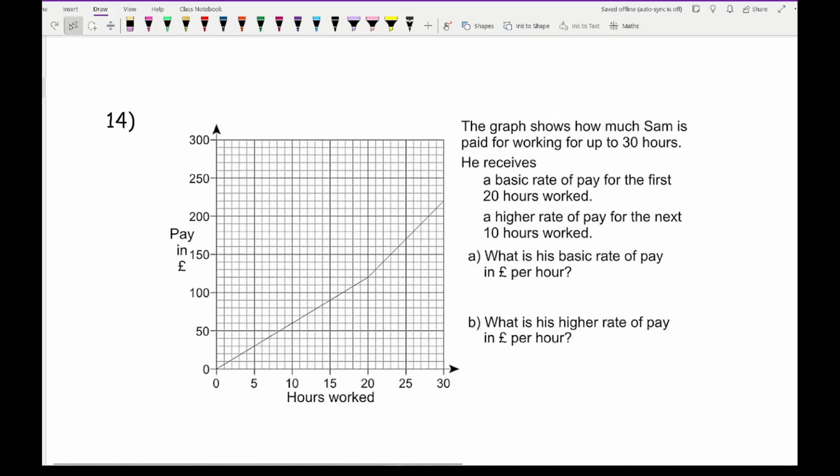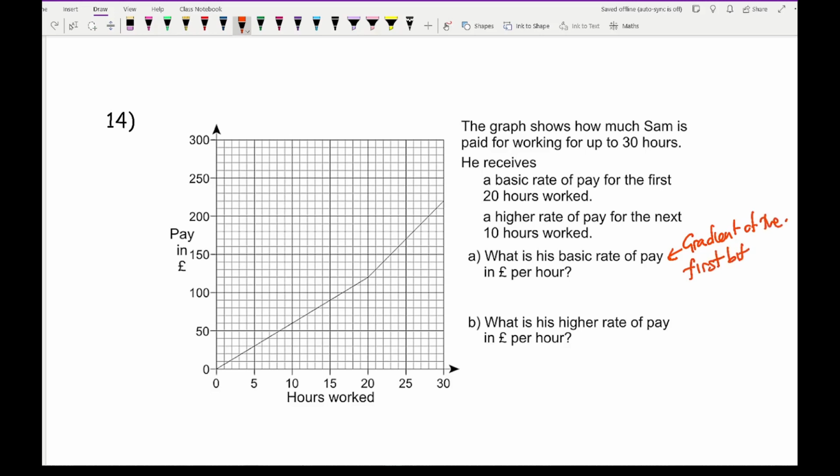Then moving on to question 14, it says that the graph shows how much Sam is paid for working up to 30 hours. He receives a basic rate of pay for the first 20 hours and then a higher rate for the next 10 hours. What is the basic rate of pay in pounds per hour? Now what this question is asking for is the gradient of the first bit.